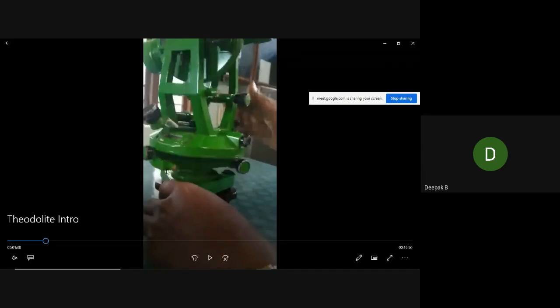You might have noticed when you are writing the study of instrument, this part is called the lower plate and this upper part is called the upper plate. And you can either do the rotation on both the plates, that is from beneath the lower plate, and then you can also rotate the instrument on the upper part also.